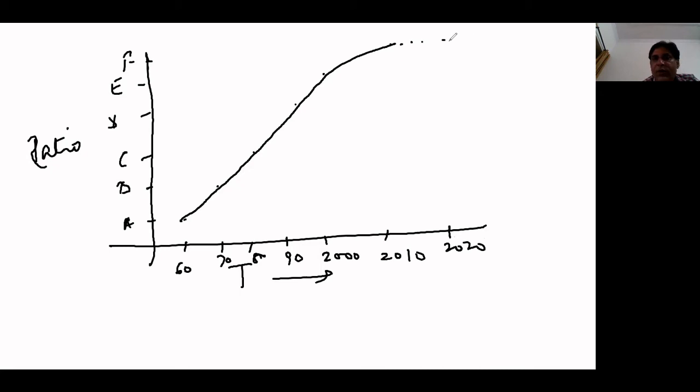I would simply extend the graph and find out this value. This would give me the ratio and say this ratio is G, right? So this was population of Lucknow by population of India.